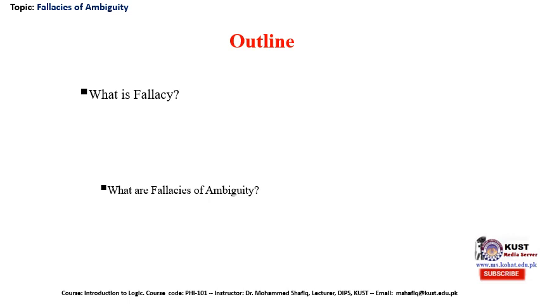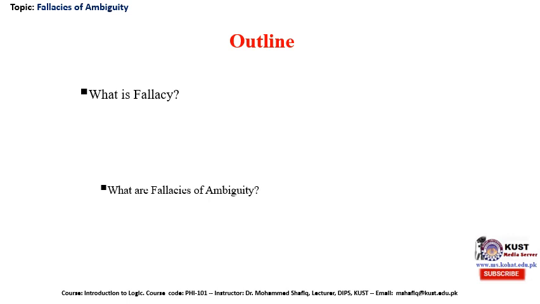Today we are going to discuss fallacies of ambiguity. We have already discussed fallacies of relevance, and now these are quite important because fallacies of ambiguity are also very frequently used in our society, in our daily life. So we need to be aware of such fallacies.